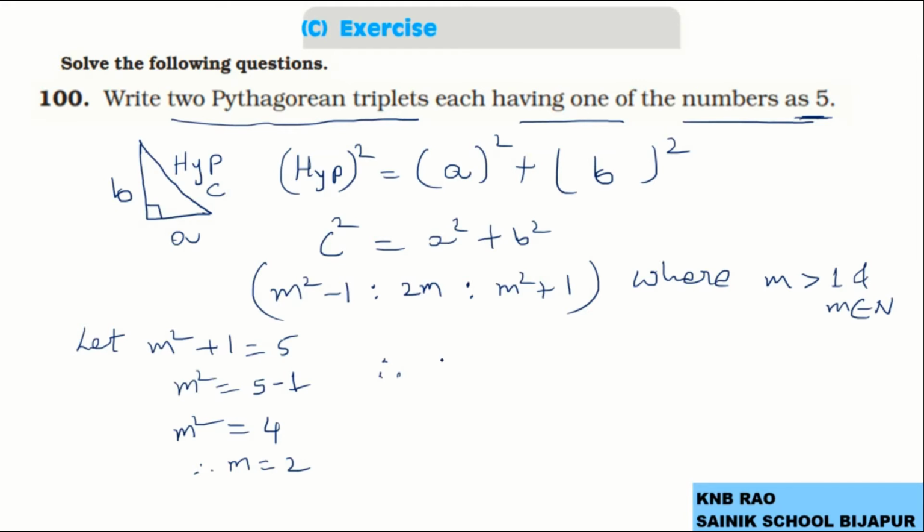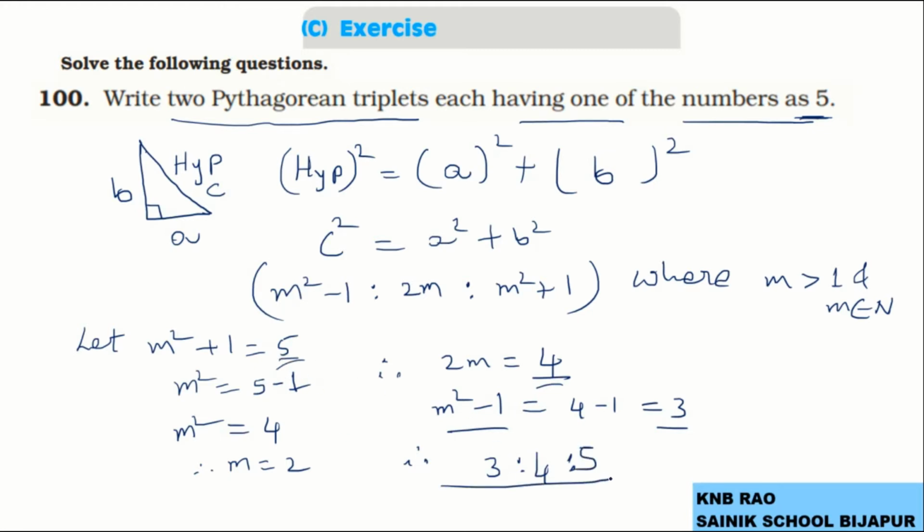Therefore 2m is 4 and m square minus 1 is 4 minus 1, which gives you 3. It implies m square minus 1 value 3, 2m value 4 and m square plus 1 value 5. So this gives one of the Pythagorean triplets.